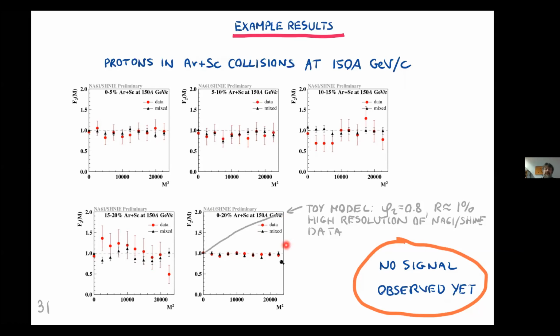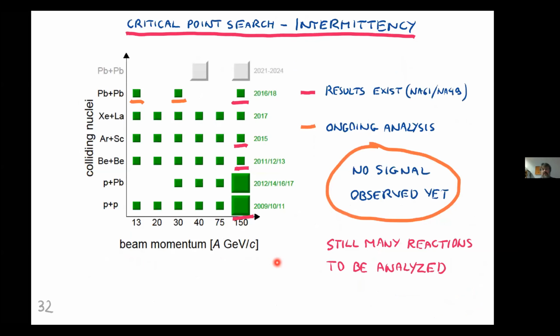We are now working on constructing an exclusion plot for this Mickey Mouse model with two parameters. Then we can have a region which is excluded by the data, where only very low phi 2s, I don't know, 0.2, 0.3, and very low numbers of critical protons are allowed by this high precision data. But the conclusion for the moment is, no signal observed yet.